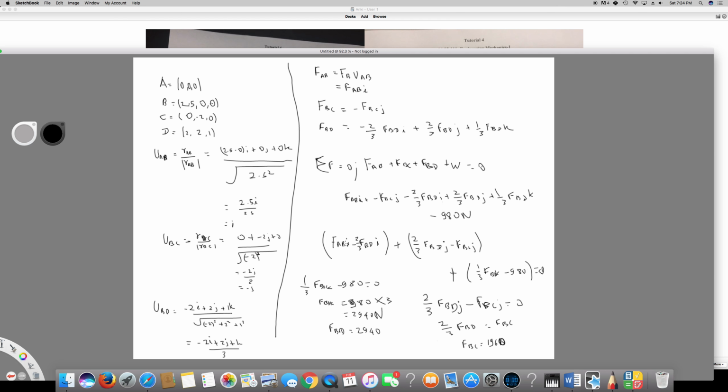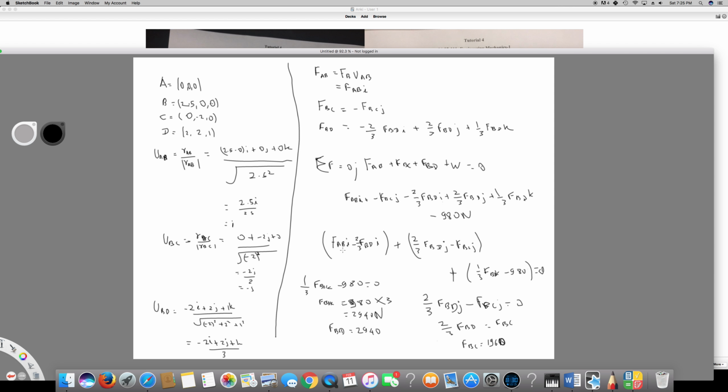So from this one I can find the FAB, because FAB is the same thing. It's FAB i minus 2 over 3 FBD i is equal to 0, then if you see FAB, if minus, then if I take it to the other side of the equal, it's going to become plus, right? So FAB is going to be equal to 2 over 3 FBD. So here if you see for the FBC, I have done the same thing, because FBC is also equal to 2 over 3 FBD.